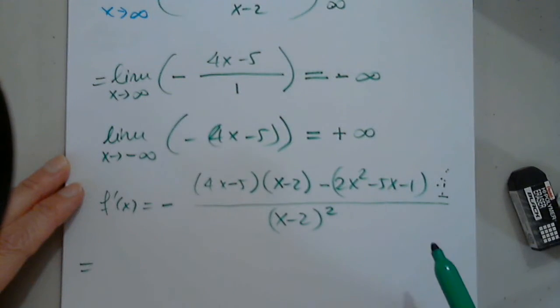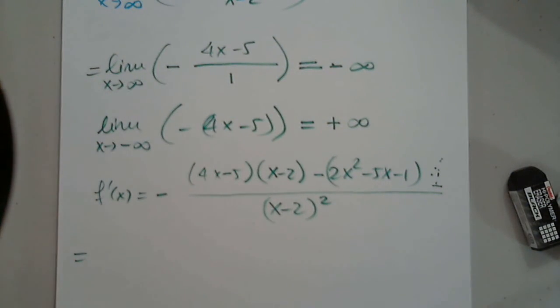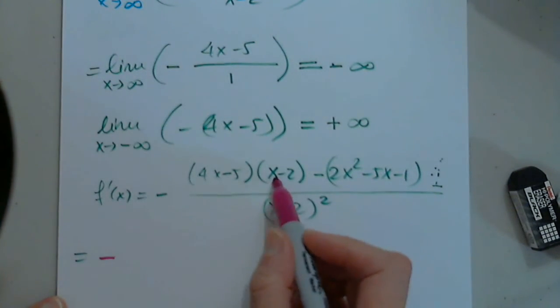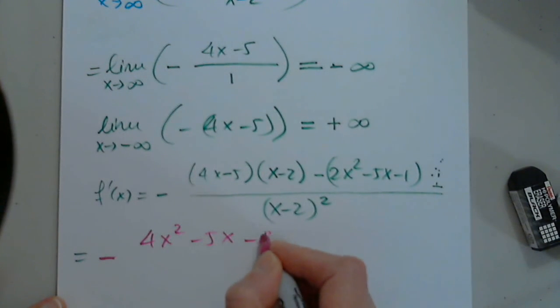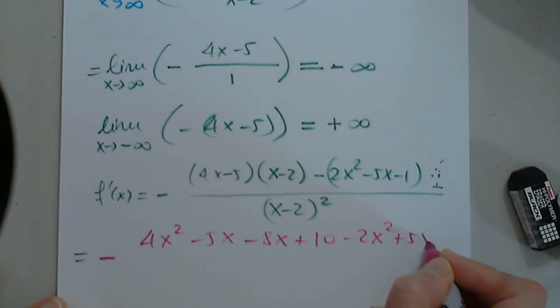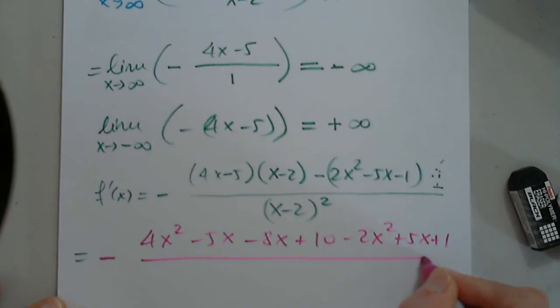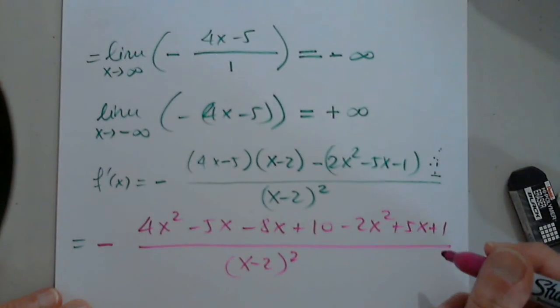Here I have no choice. I normally say don't multiply, please don't multiply, but I can't say it now. I have to keep my mouth shut. So 4x squared minus 5x minus 8x plus 10 minus 2x squared plus 5x plus 1. Can we get rid of anything? Just anything, please?